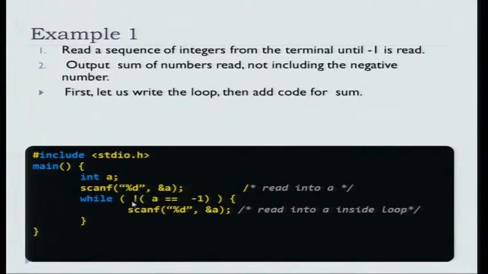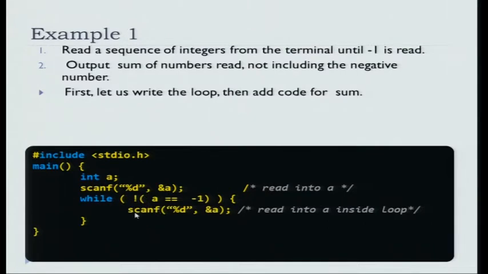If the number is not -1, so if a equal to -1 is false, then you read one more number. After you read one more number, you don't finish the loop. You go back and test whether the loop condition is still true, checking whether the second number you read was -1 or not, and then you keep on reading until you hit a -1.